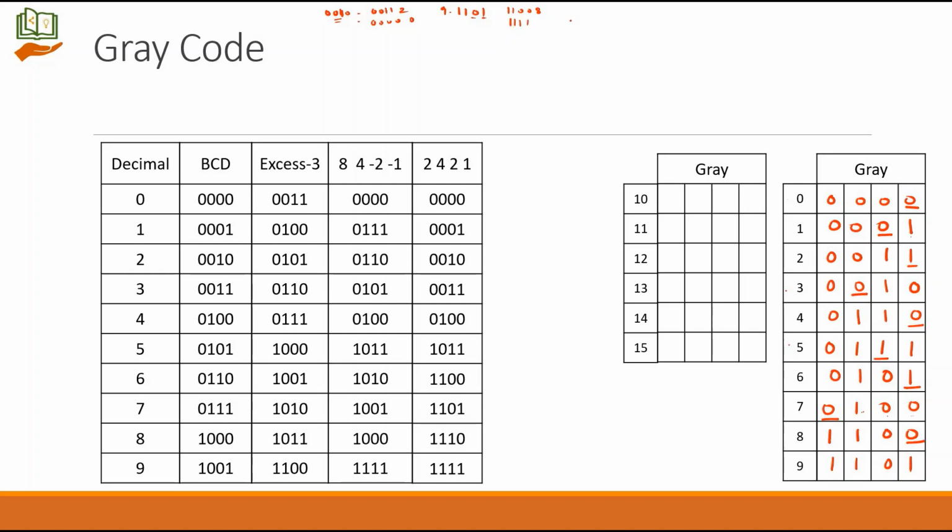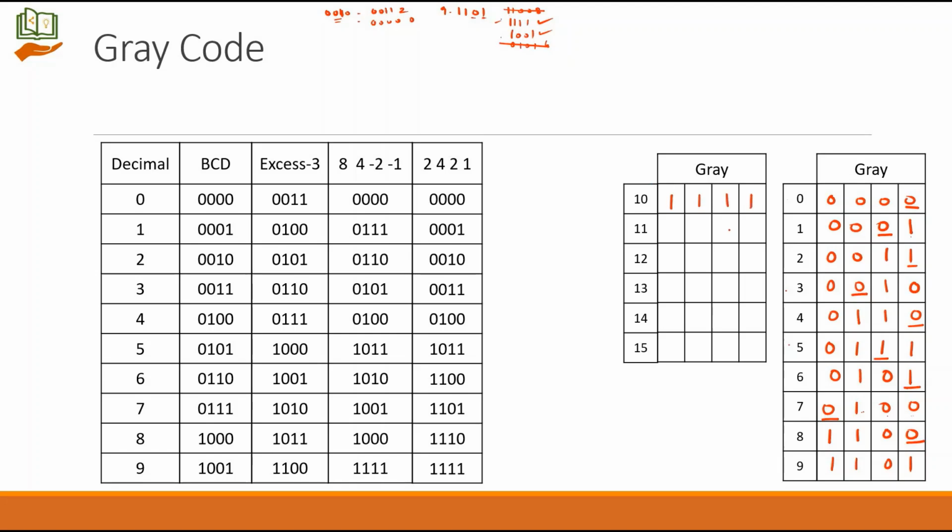It has not been allocated so far, so we can use this. At the same time, when I change the second bit, it becomes 1001. This is also not used so far. If I change the first bit, it becomes 0101. It is already assigned to 6. So I cannot take these two codes. I can pick anything from these two. What I will do is I will pick the first one. I will make this as 1111.